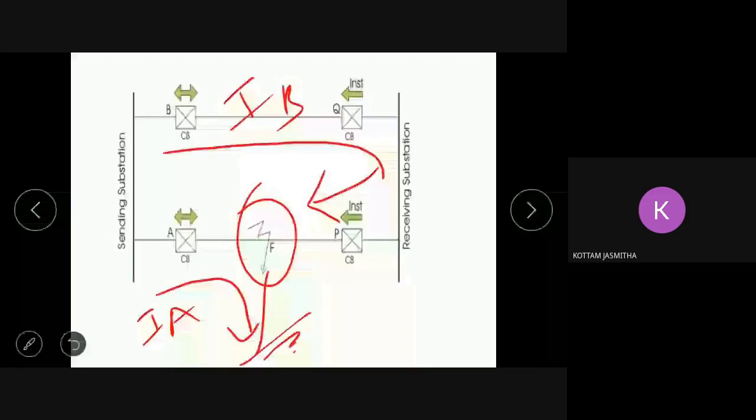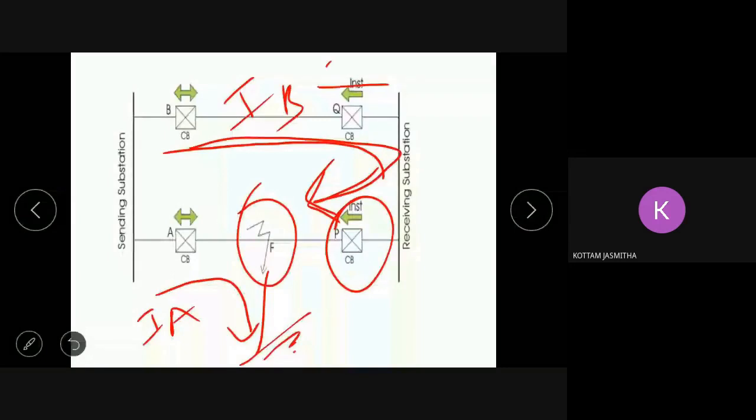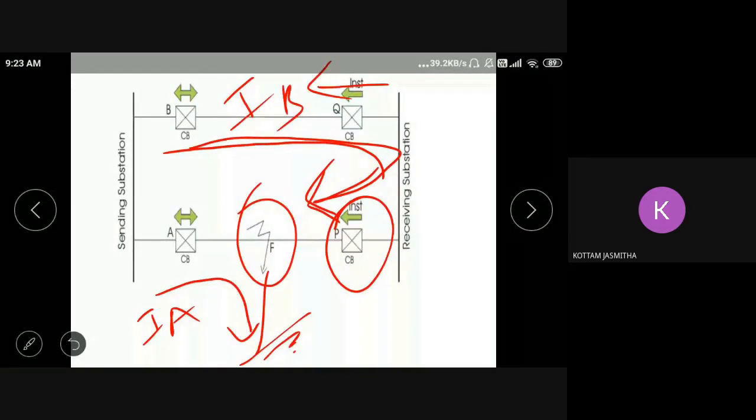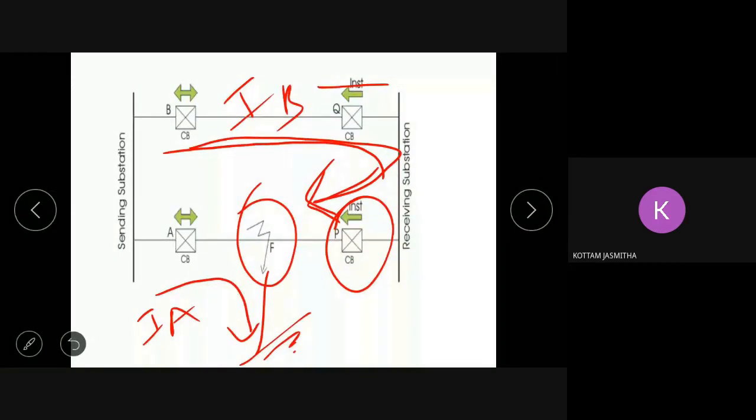As this current is traveling in this direction, the P circuit breaker is equipped with a directional relay. So when the current direction is in this direction, the relay is going to be operated. Here the current direction is reverse, right?